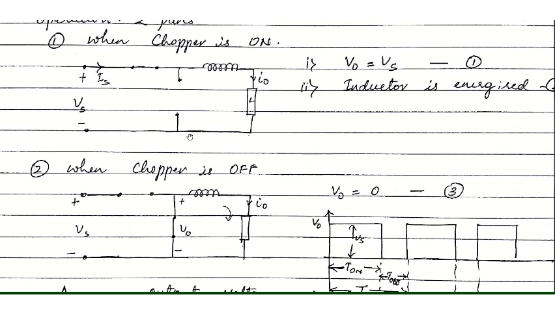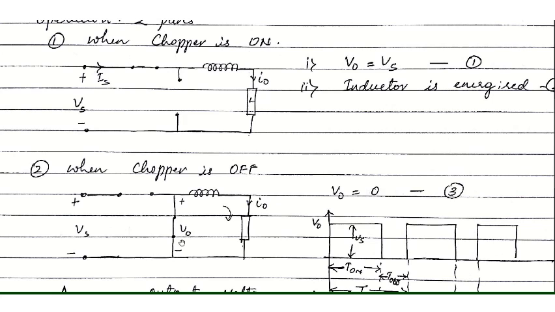In the second part, when the chopper is off, the switch is open circuit. Because of the presence of the inductor, the energy is now released from the inductor. That causes the current to flow in this path, making the diode forward biased, so the diode will be conducting.